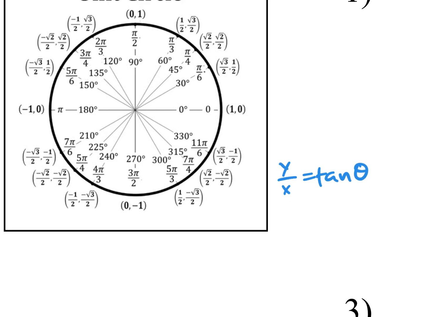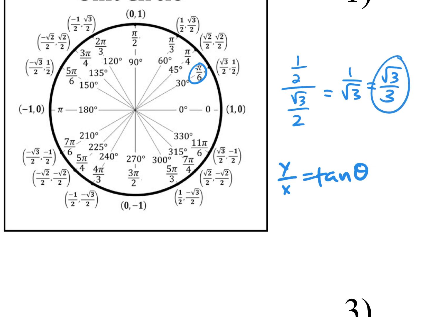If I were to look at, say, pi over 6, that would be y over x, 1/2 divided by root 3 over 2. This is the same as 1 over root 3, which hopefully seems a little bit familiar. We saw that as an intermediate step as we were working. If we were to rationalize, we would find that the angle pi over 6 would work.